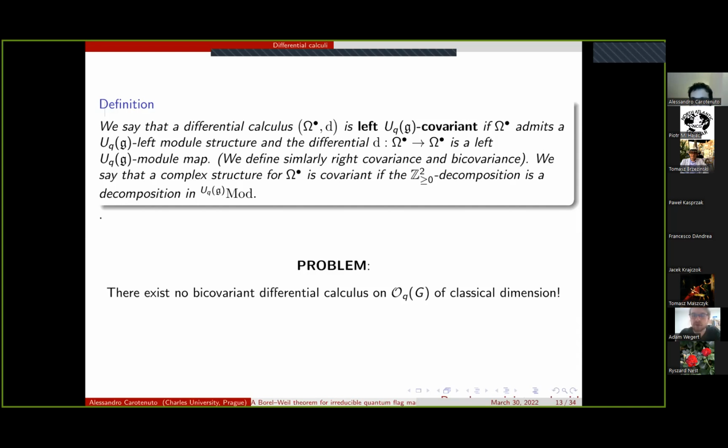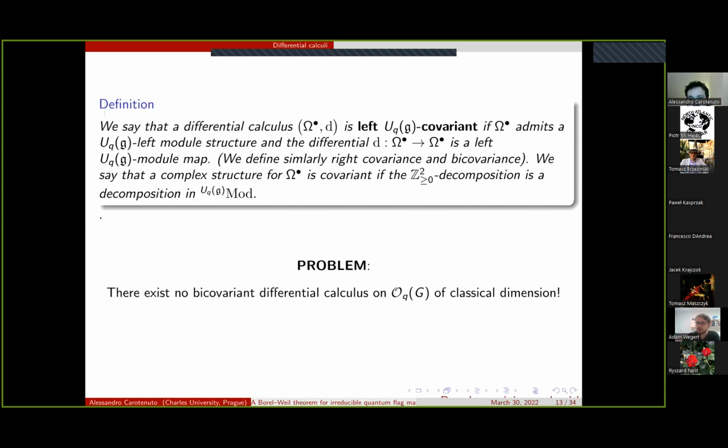However, sorry, once again, what does it mean, classical dimension? I have a complex structure for q equal to 1, which is the classical case. And I would like the dimension of omega to be the same also in the quantum case, but this doesn't happen.